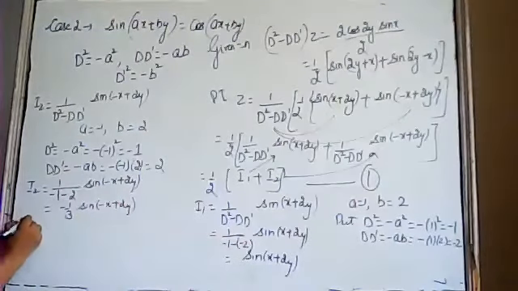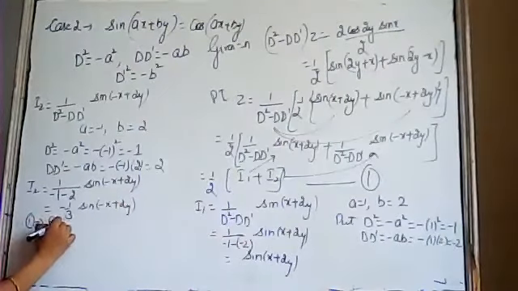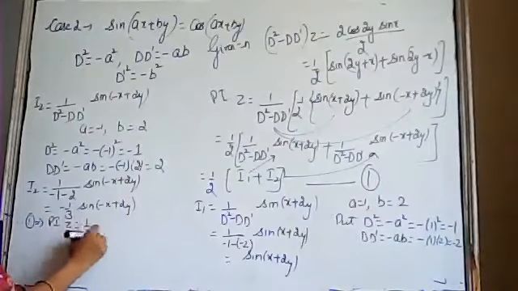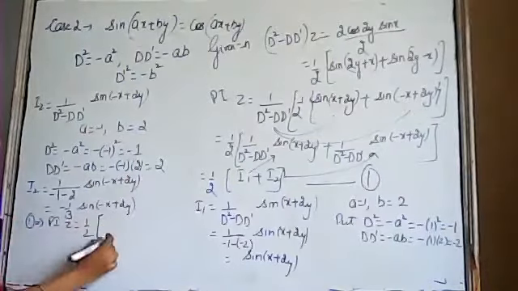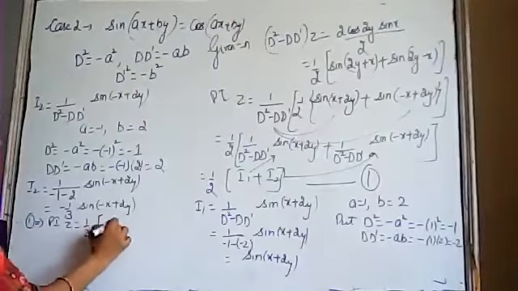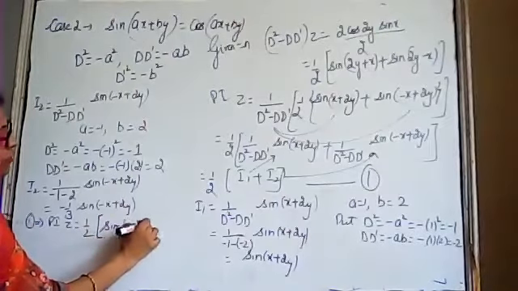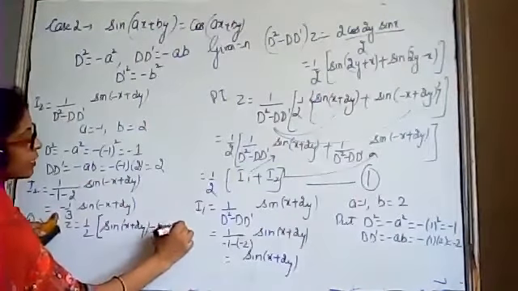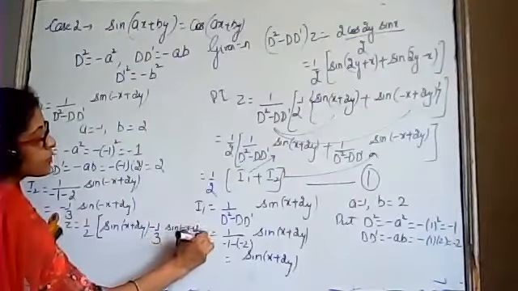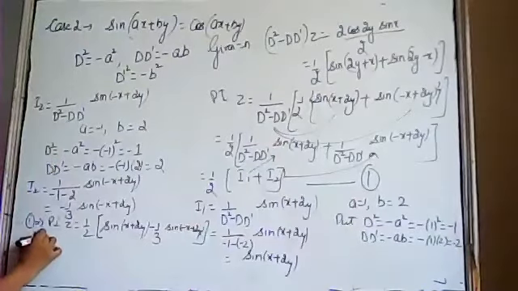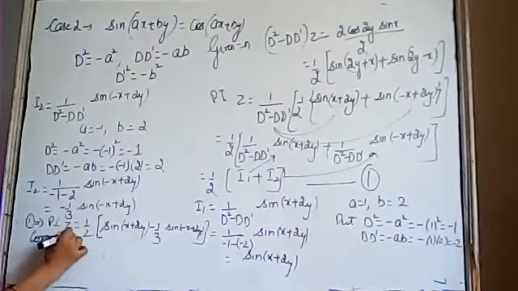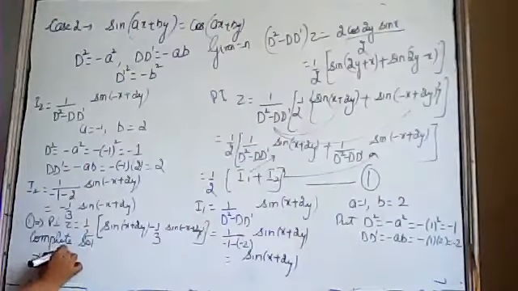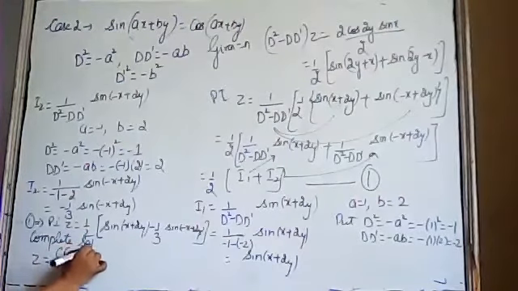Therefore, equation number 1 implies particular integral is 1/2. This 1/2 is outside the bracket. The value of I1 was sine of (x plus 2y), and the value of I2 is minus 1/3 sine of (minus x plus 2y). And complete solution, or it can be general solution, z is equals to complementary function plus particular integral.